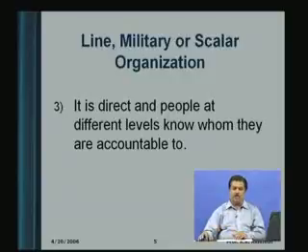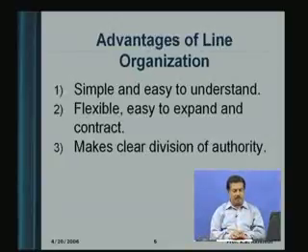This form of organization exists till today. It is simple, it is easy to understand, and it is also flexible. You can always add a few more people, and you can create different lines depending upon the kind of task to be achieved. The point is, the division of authority is very clear.